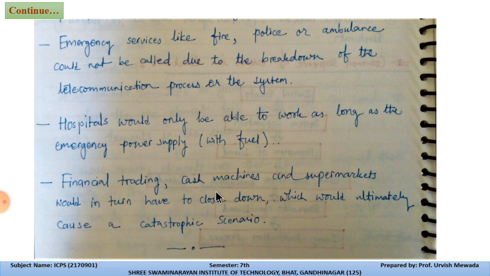There is no electricity, so no lights and other facilities in the malls and other areas, which ultimately causes a catastrophic scenario, and due to this the whole system will get disturbed due to the blackout. So this is the cascade tripping and blackout.